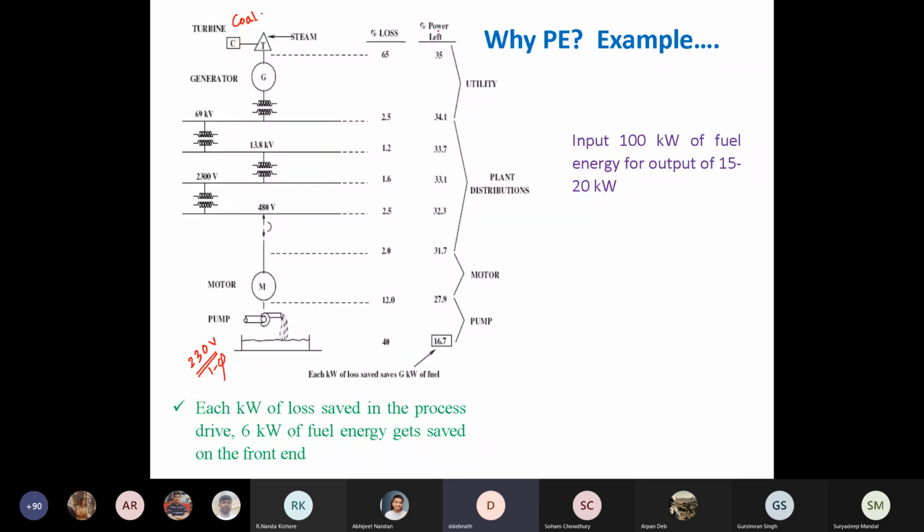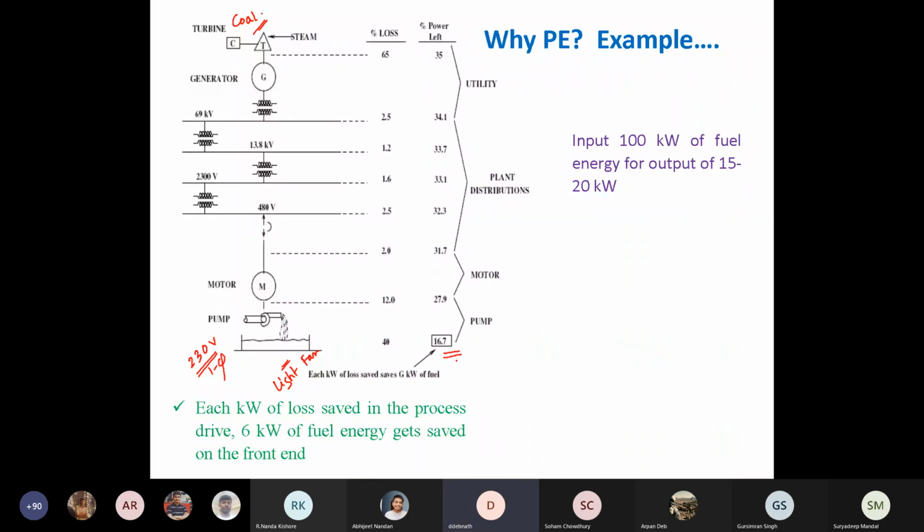So in this entire journey, from burning the coal to finally when you are using your light or fan in your home, in these different stages, you see the efficiency figures. If you assume that you started with 100% energy stored in coal, that 100% translates into 16.7% finally when you are using.